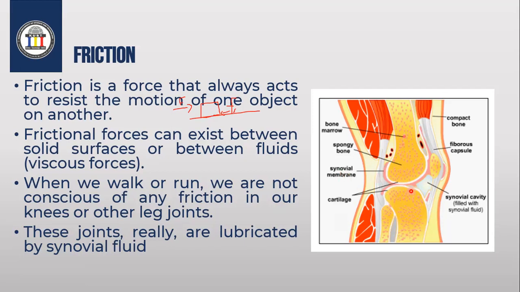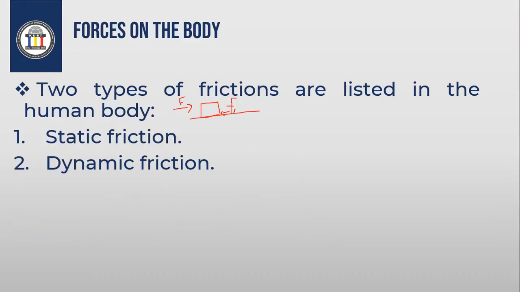Why? Because there is a fluid here. This fluid makes the friction nearly zero, and then you can move freely. If, for example, you are getting old, this fluid will be reduced, and then the pain will start. Even with any movement, you will feel pain because of the friction.